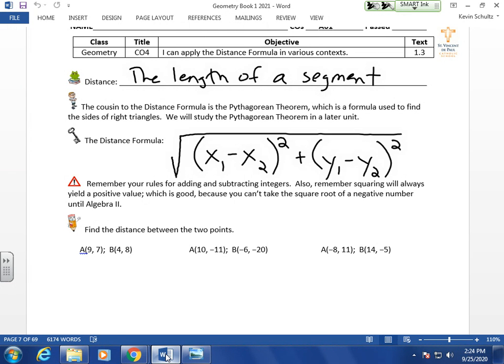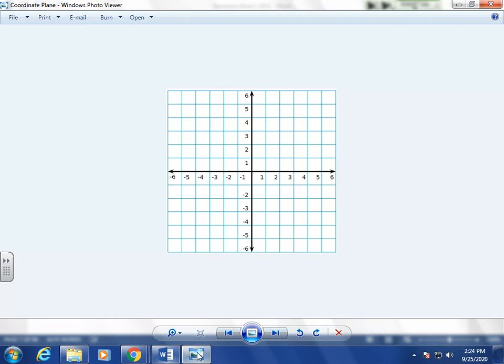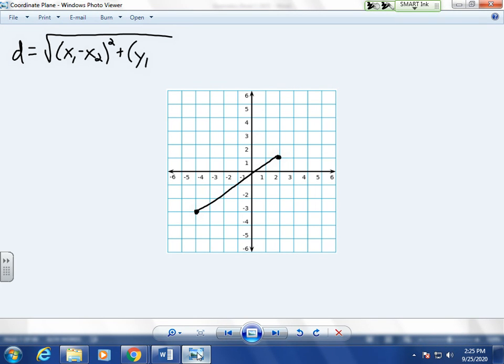Yay! Okay. All right. So let's go back to our segment here. And I'll write the formula up here again. D distance equals the square root of x1 minus x2 squared plus y1 minus y2 squared. Okay. And so we've got our endpoints here, again, of -4, -3. And the other endpoint is at 2, 1.